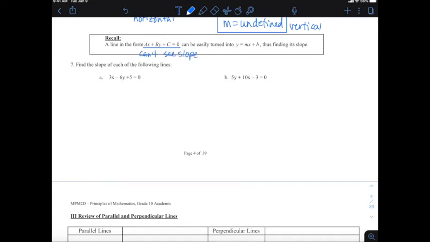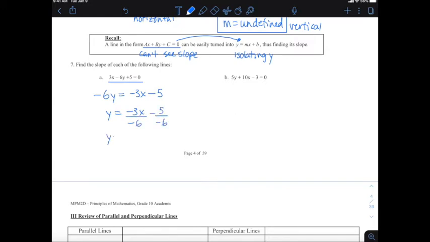But if I translate it into y equals mx plus b form by isolating y, I should be able to see the slope pretty easily. So what I'm going to do is take this line, okay, and I'm going to subtract 3x from both sides and -5. And now I want to divide everything by -6.